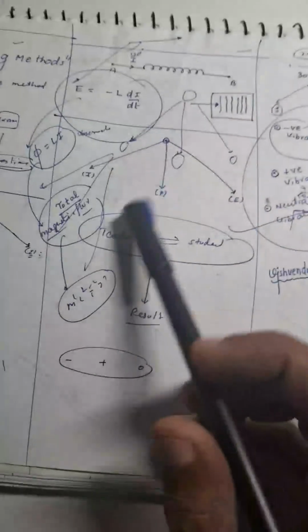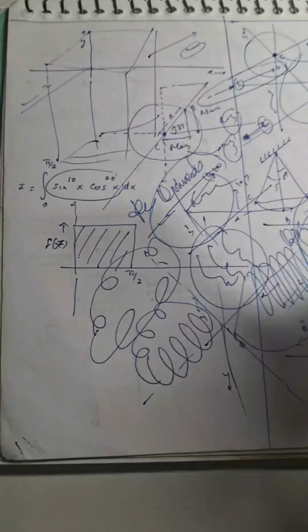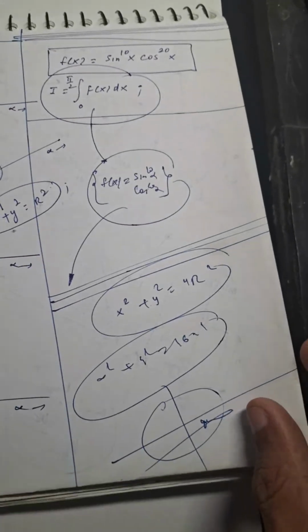Then there is the problem related to ineffective learning method and effective learning methods as shown over here. Then graphical analysis of EMF as a function of self-inductance as shown over here. Then there is a graph based question and integration based question with the limit from 0 to pi by 2.